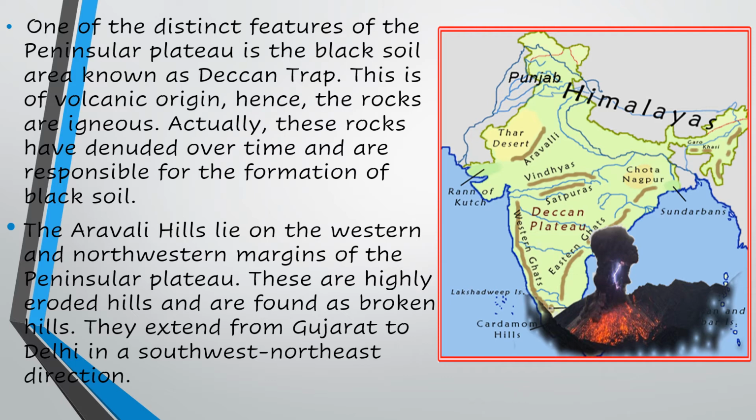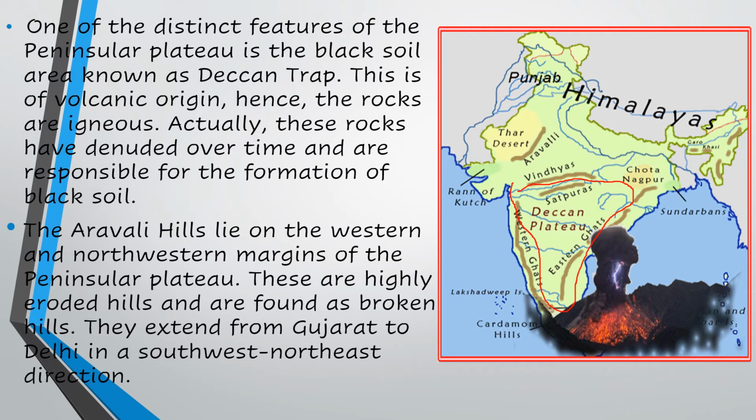One of the distinct features of the peninsular plateau is the black soil area known as the Deccan Trap. So we are talking about the Deccan plateaus over here. Clear? The Eastern Ghats and the Western Ghats. It is known as the Deccan Trap.